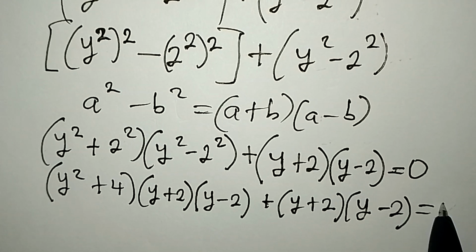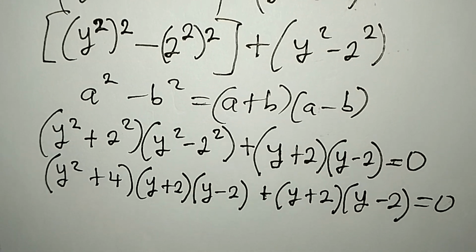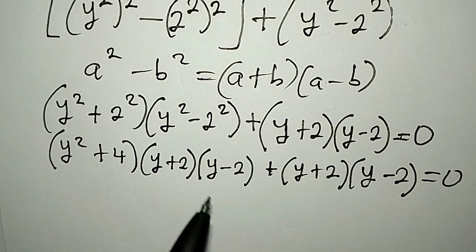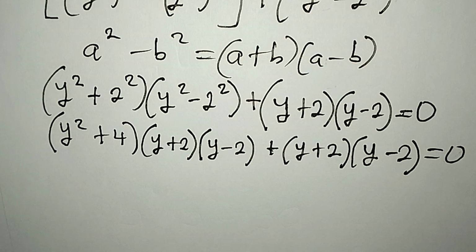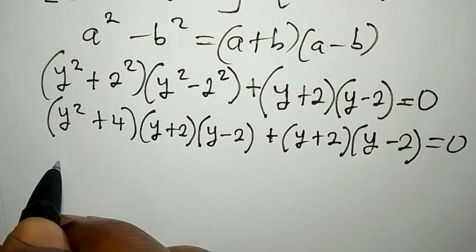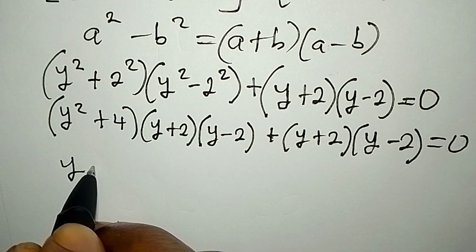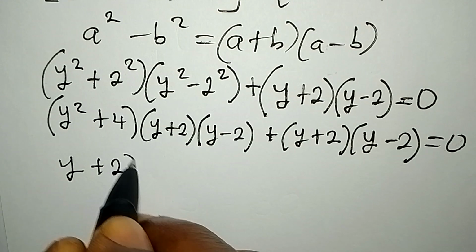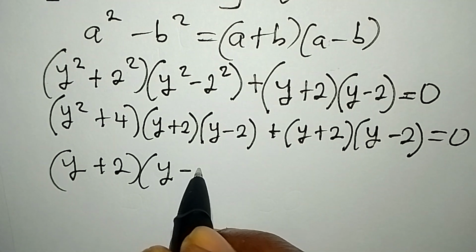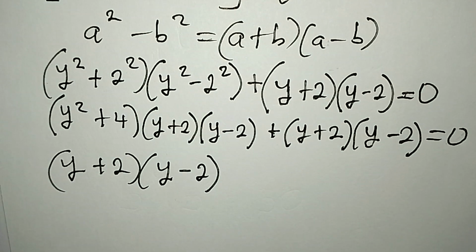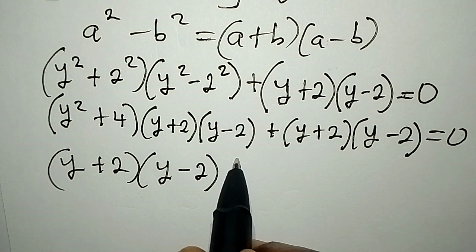The whole of this is equal to 0. Looking at this critically, I discovered that what is here is also here. So we can get our common factor as y plus 2 into y minus 2. So this becomes my common factor.